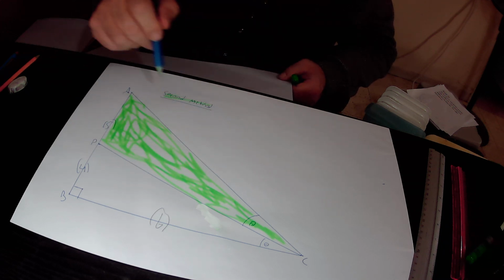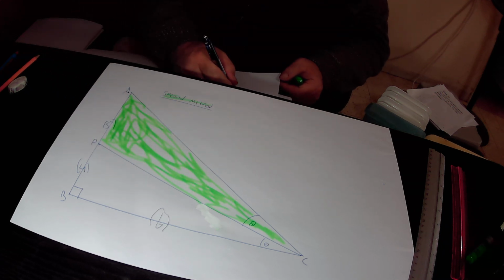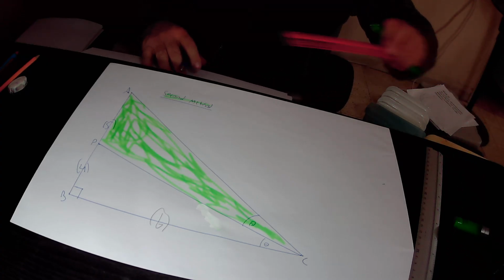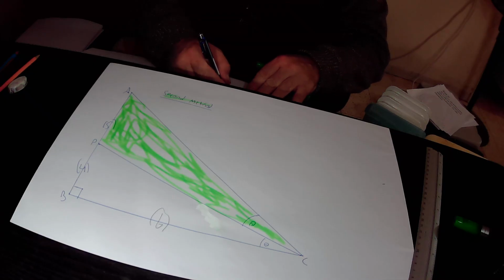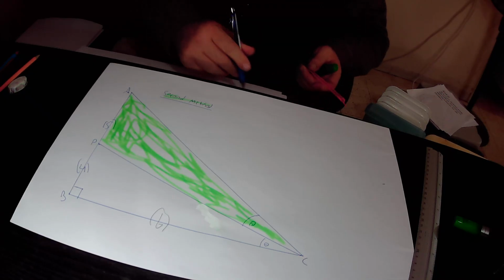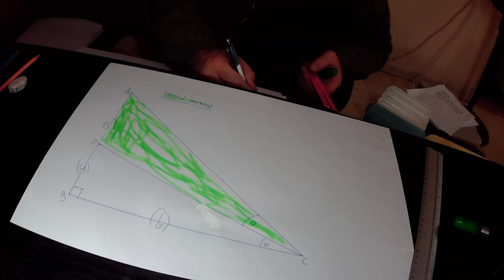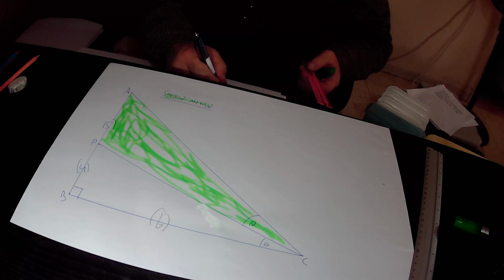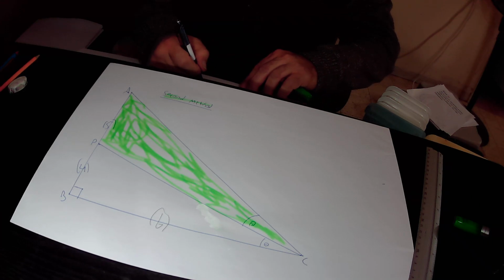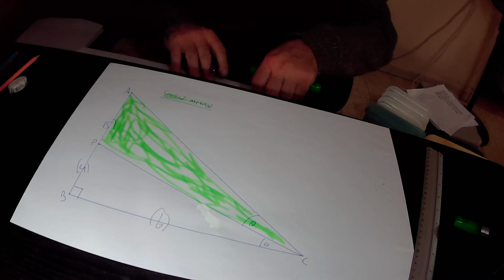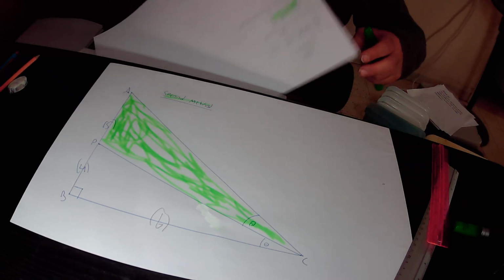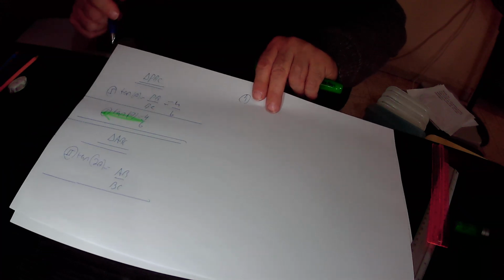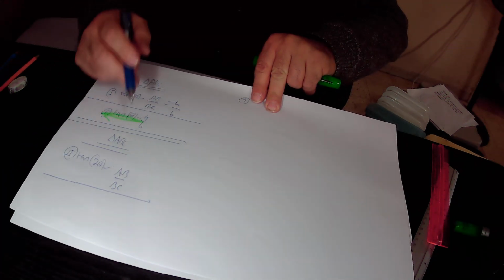Again, tangent 2 theta equals AB over BC.